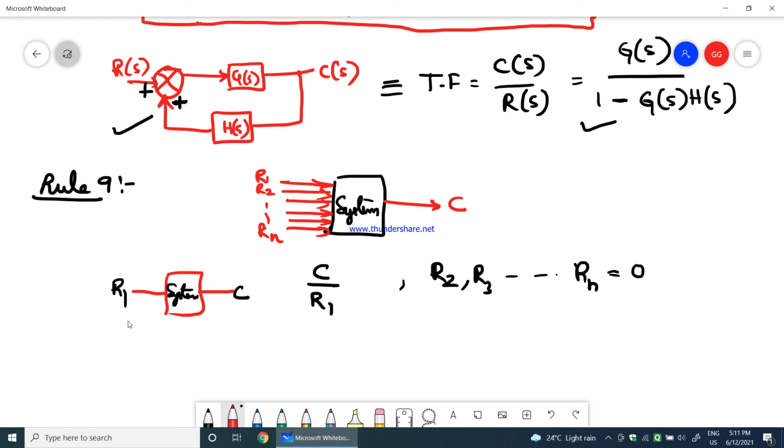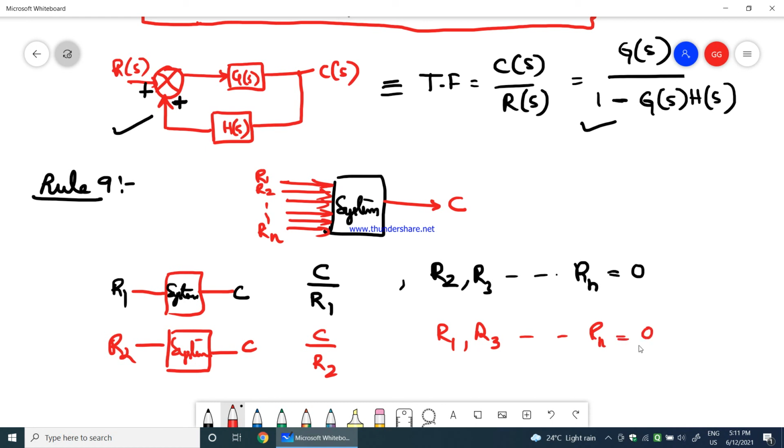Similarly, the next time I'll take R2 as the input, output C, and take the transfer function C by R2, where I make R1, R3 till Rn equal to 0. So this is how you find the transfer function for a multiple input system. You take any one input, make all other inputs 0, and then you take the transfer function of that system where you have one output.